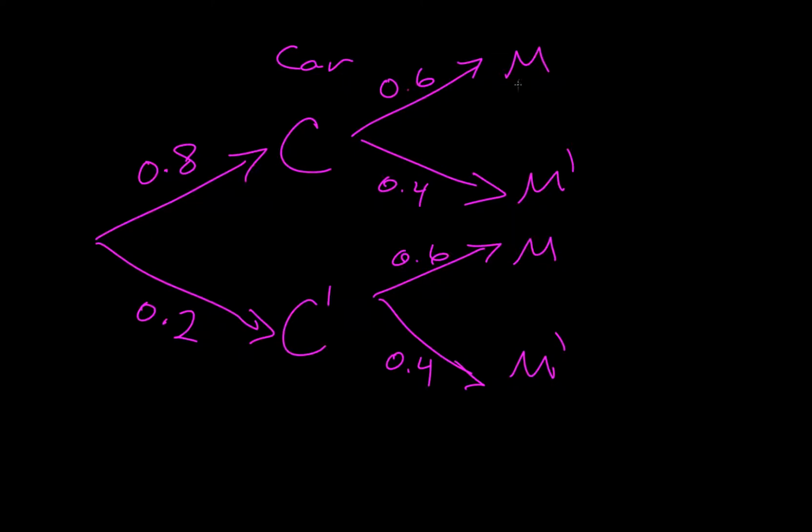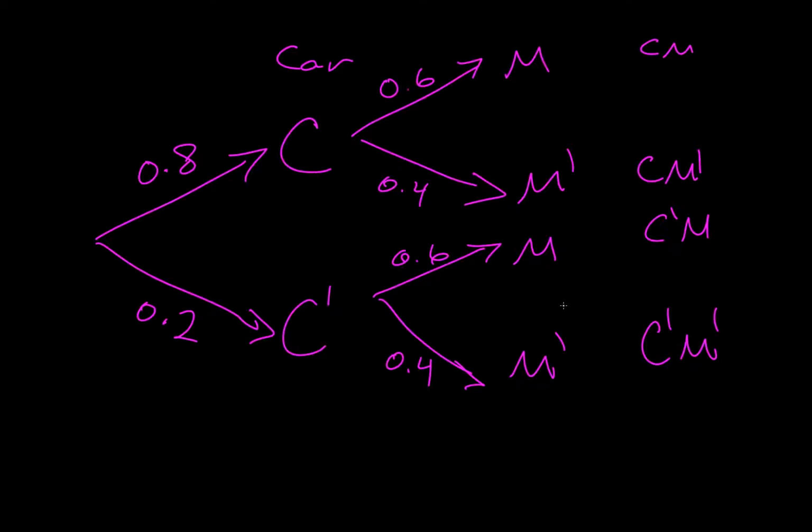The outcome here would be CM. The outcome here would be C, not M. Outcome here, not C, but M. And then not C, not M. And we want to know, it says use the tree diagram to determine the chance that on the next attempt both will start.